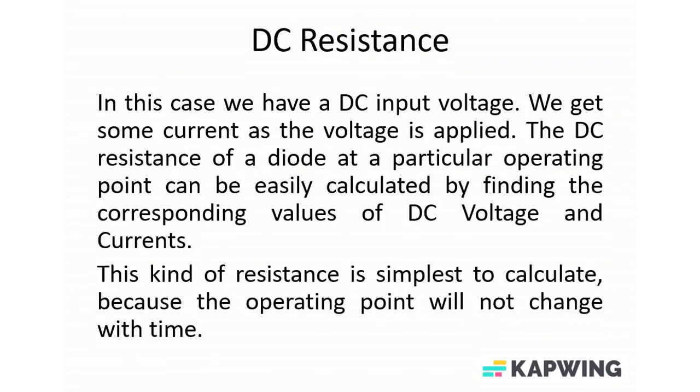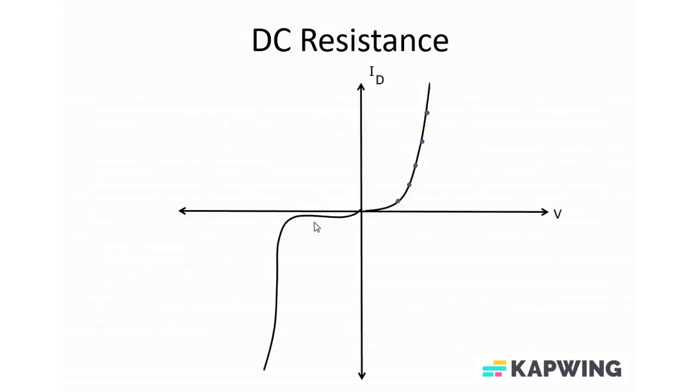This kind of resistance is simplest to calculate because we have a definite value of input voltage, a fixed one. It won't change with time. When some voltage is applied, we can calculate the corresponding current on the graph easily. And we know both the values, so we can calculate the corresponding DC resistance.